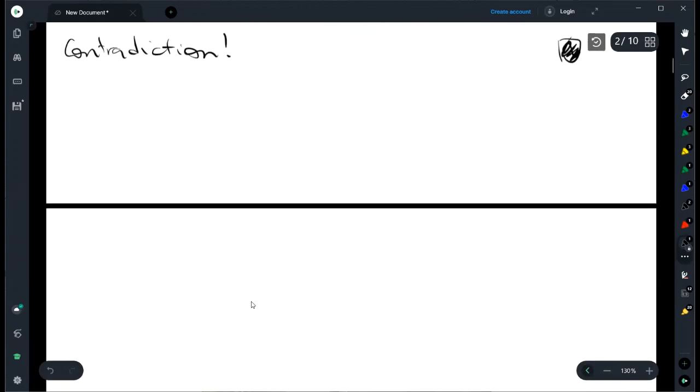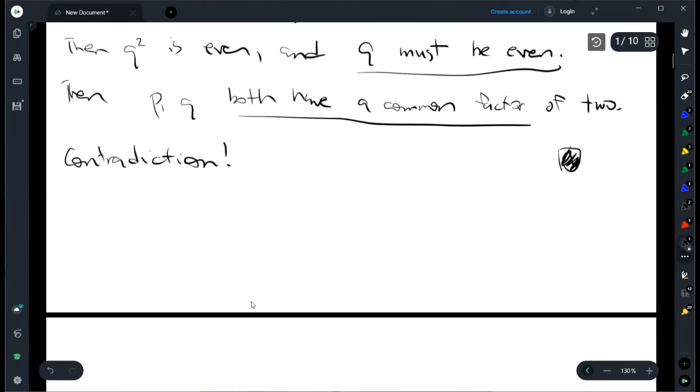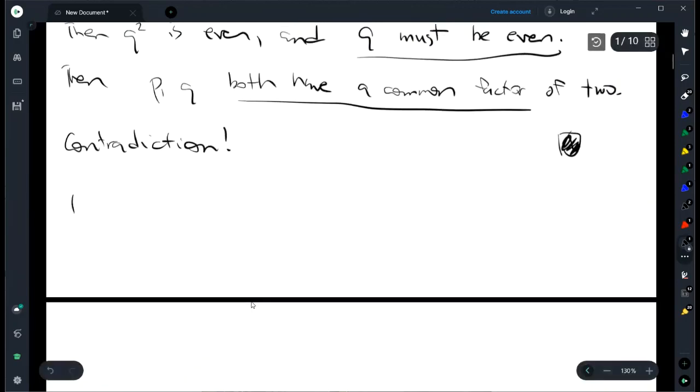Now, note that in geometry, the irrational number square root of 2 exists.